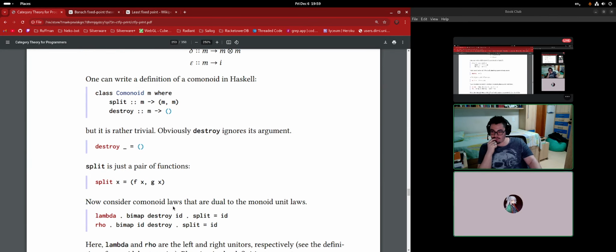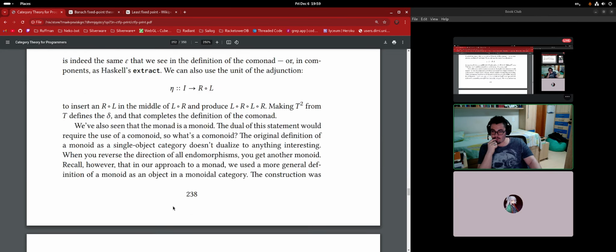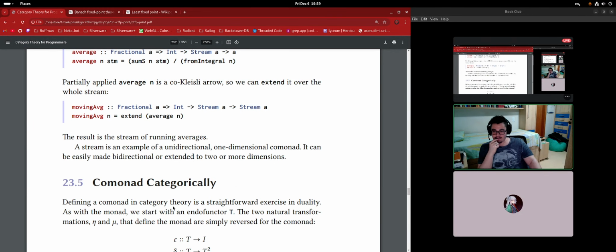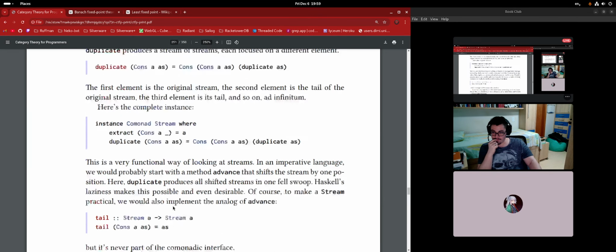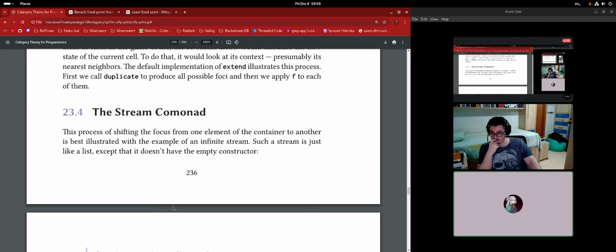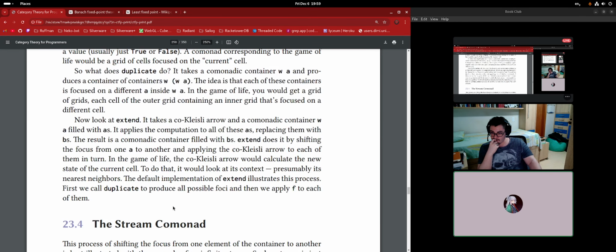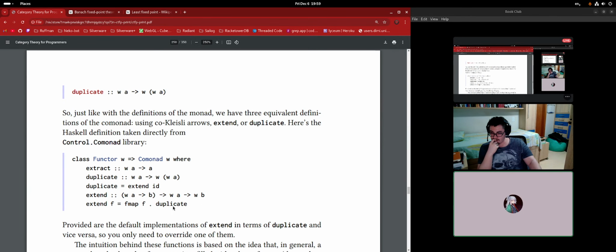I'm just taking a look at the comonads again because it's very hard for me to remember every single definition of this thing. The intuition for comonad is you have a context, you have a focus inside of that context, and you are manipulating the focused portion of the comonad.